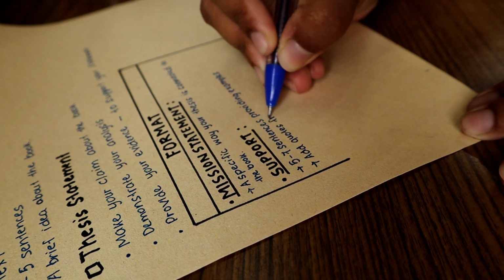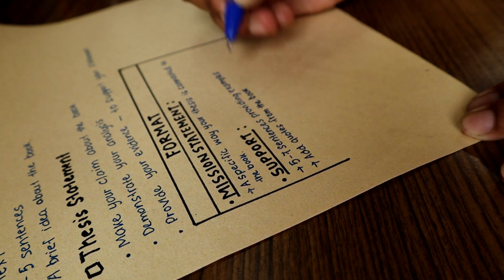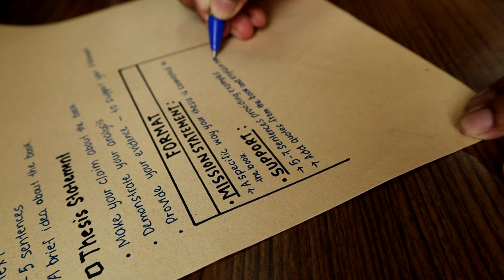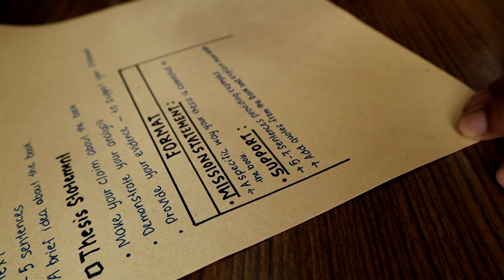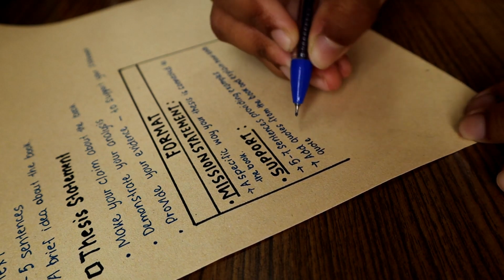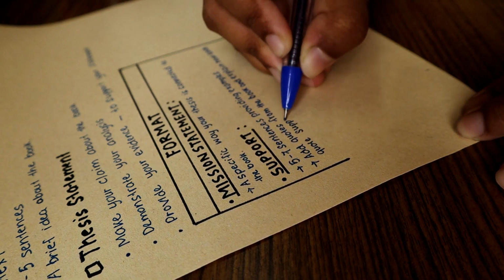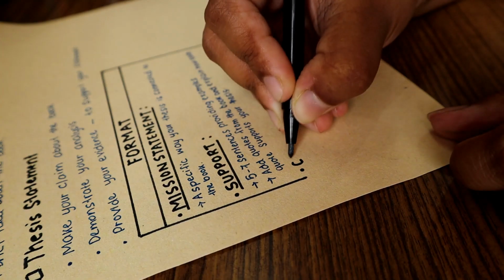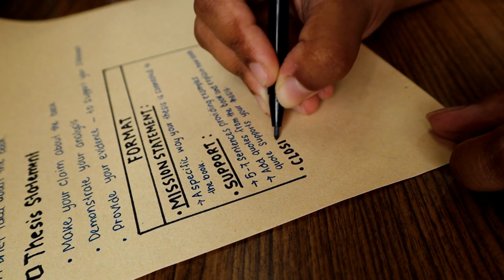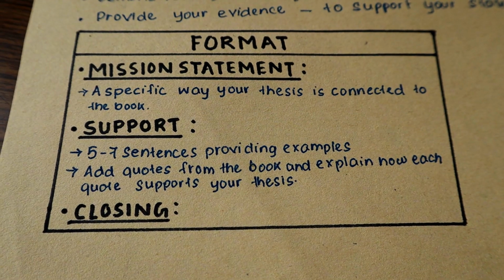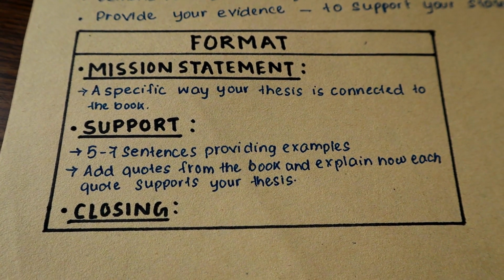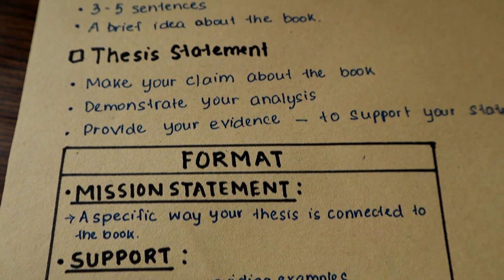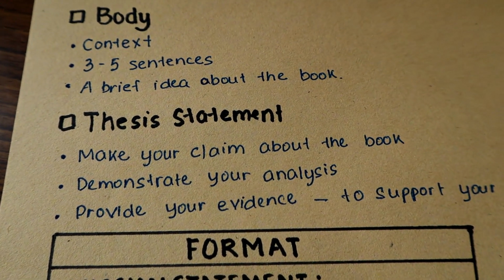This is where you will write around 5 to 7 sentences and you will provide all the examples and add all the quotations from the book and explain why each quotation supports your thesis. This is where you have to shine, and this is where you have to explain everything. And next, just closing part comes, because this is where you will conclude the thesis statement, how everything you have written, how everything you read in the book, how everything sort of boils down to this.